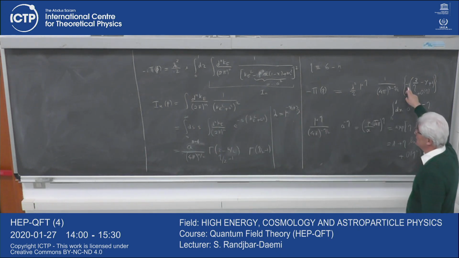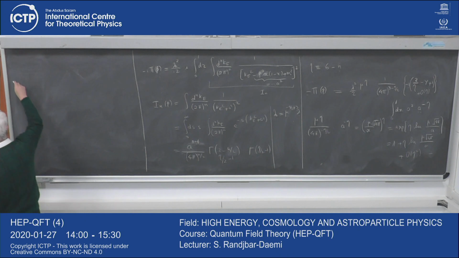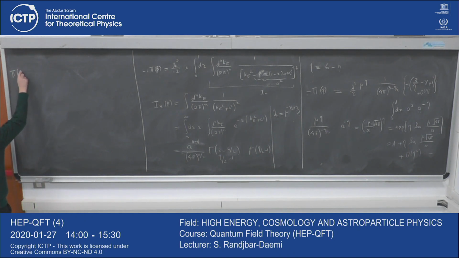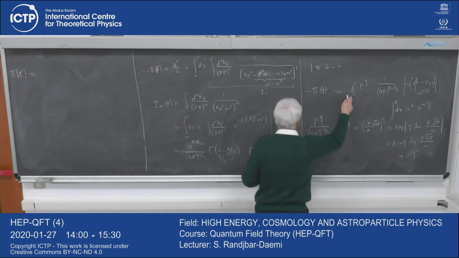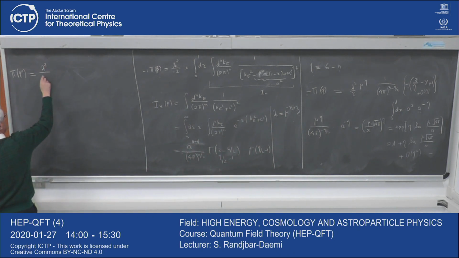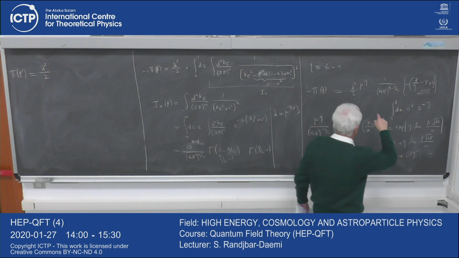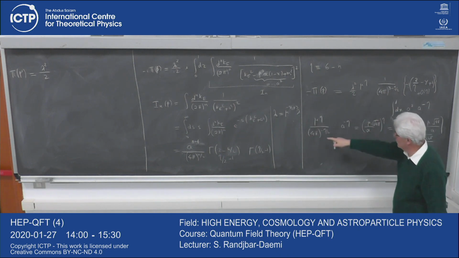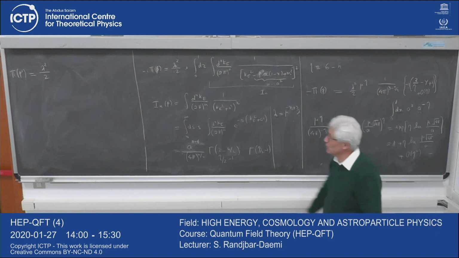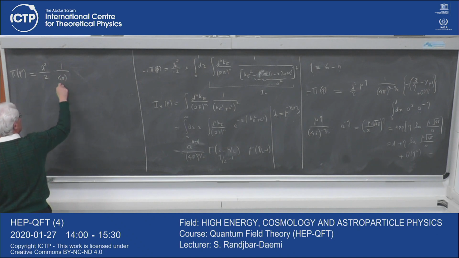So this minus sign from here cancels that minus sign from there. So we obtain a formula for pi of p squared. Then there is the coupling constant in front that we should write with its factor of 1/2. The power of 4 pi was 4 pi to the power 3 minus eta over 2. We only wrote this part. So there's a 4 pi in the denominator. There is a 1 over 4 pi to the power 3.